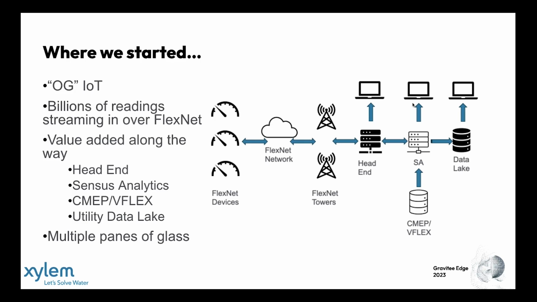The data flows from the meters to our towers over a backhaul to a head-end system, which decodes, correlates, and reassembles the messages and extracts meaning from them, then flows onwards to Census Analytics, where it is enriched with customer data, and further onwards to our data lake products and other integrations.